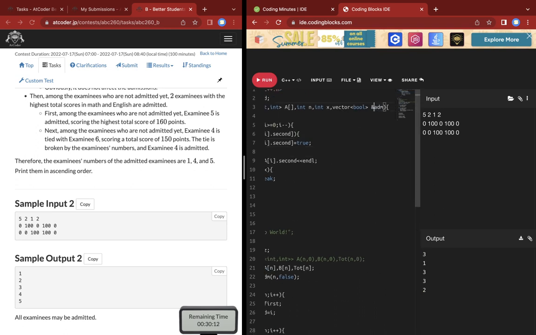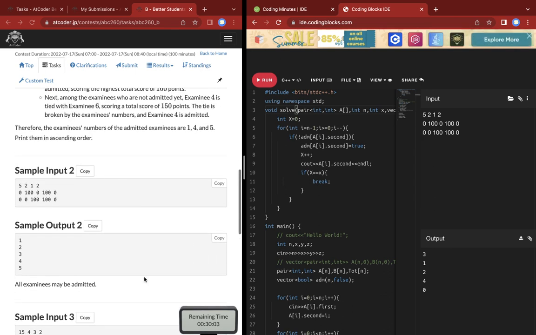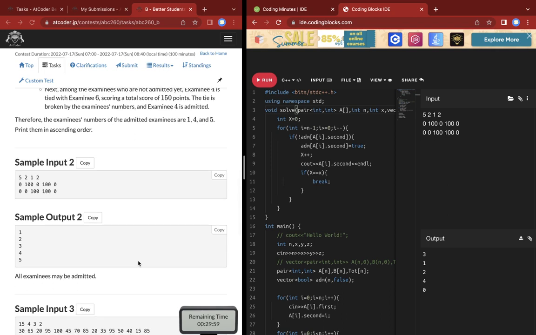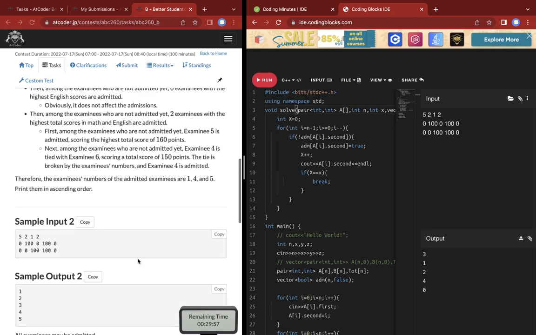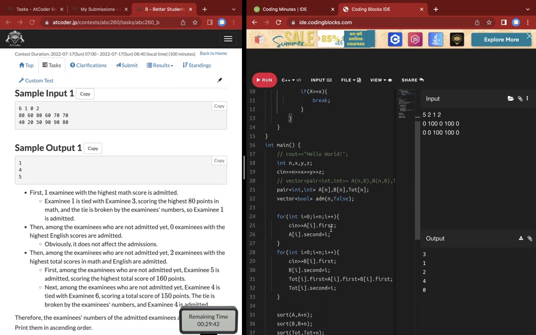Okay, maybe this thing could change that. Okay.